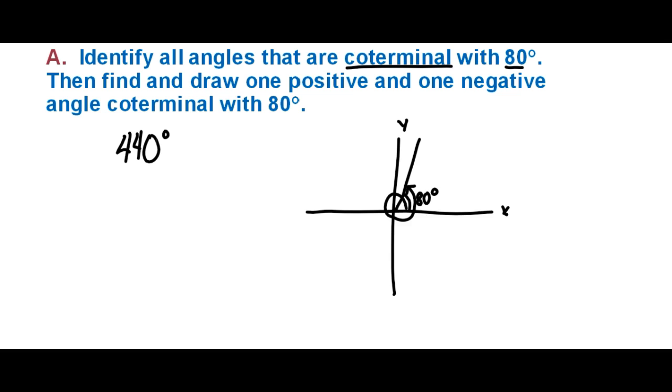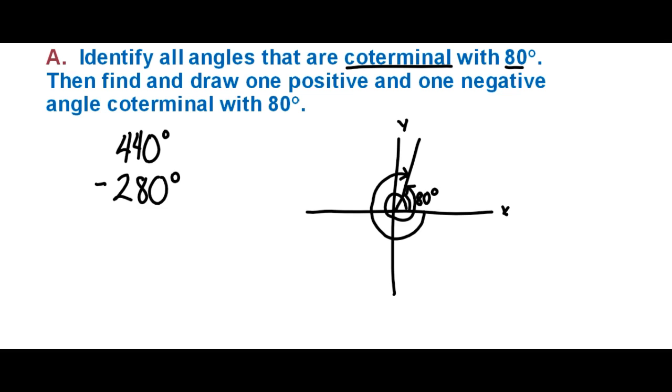I could start at this axis and go in a negative, clockwise direction, and I don't quite make a full circle, but since I went in the reverse direction, that's going to be a negative angle, and it's going to be 360 take away 80, so essentially negative 280 degrees.